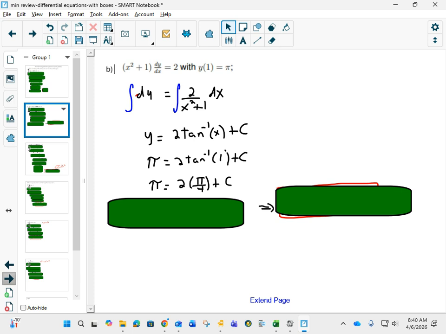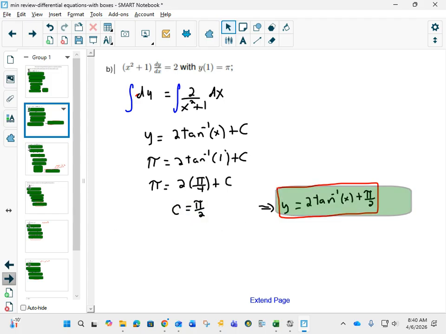Tan inverse of 1 is pi over 4. So you can solve for c. So I'm going to let you try that third one on the bottom on your own. The variables have already been separated.